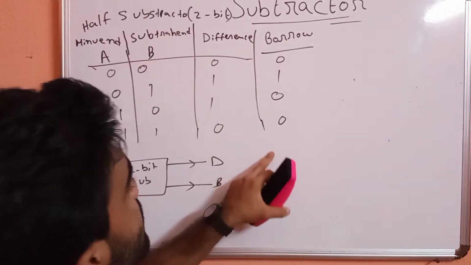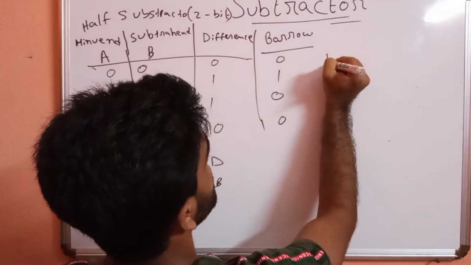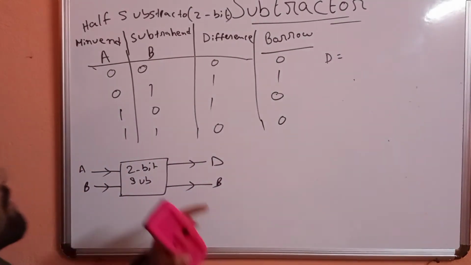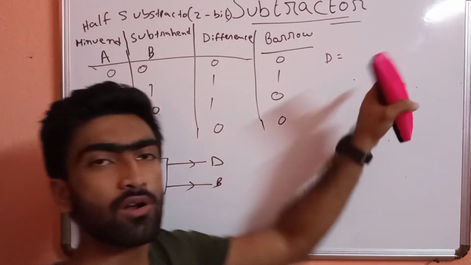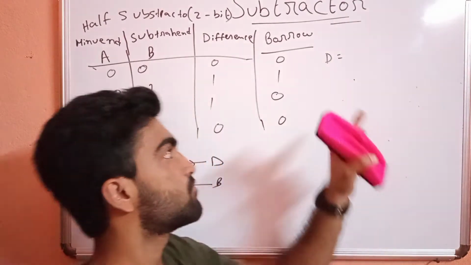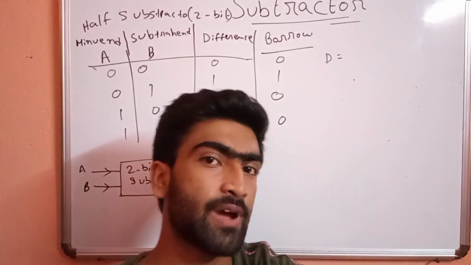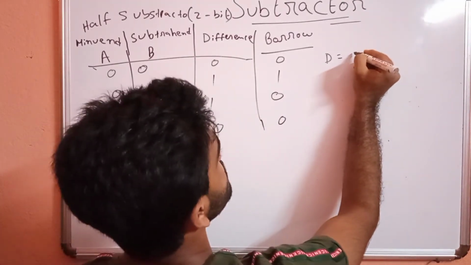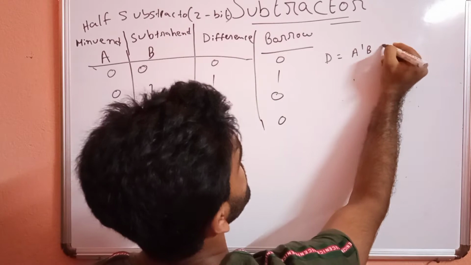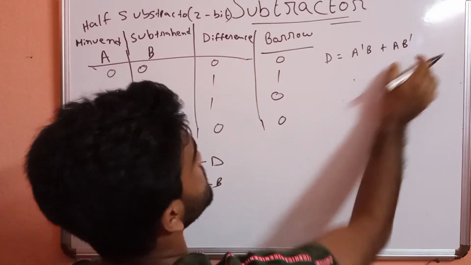Now what will be the simplified expression for the difference? The simplified expression for the half subtractor difference and the half adder sum are the same. Here the expression will be A' B plus A B'.